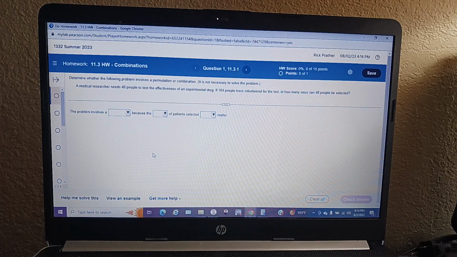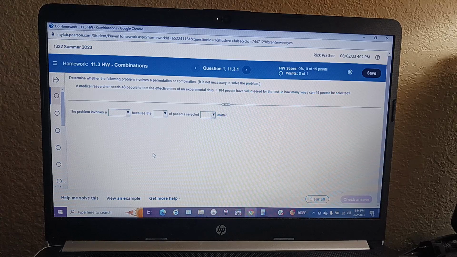As soon as it's 48 out of 104, then it's definitely not the fundamental counting principle. We're not going to do one of 104 and one of 48. So this is either a permutation or a combination. Anytime you're selecting 48 out of 104, it's definitely one or the other. And they're very, very similar except for whether order matters or not.